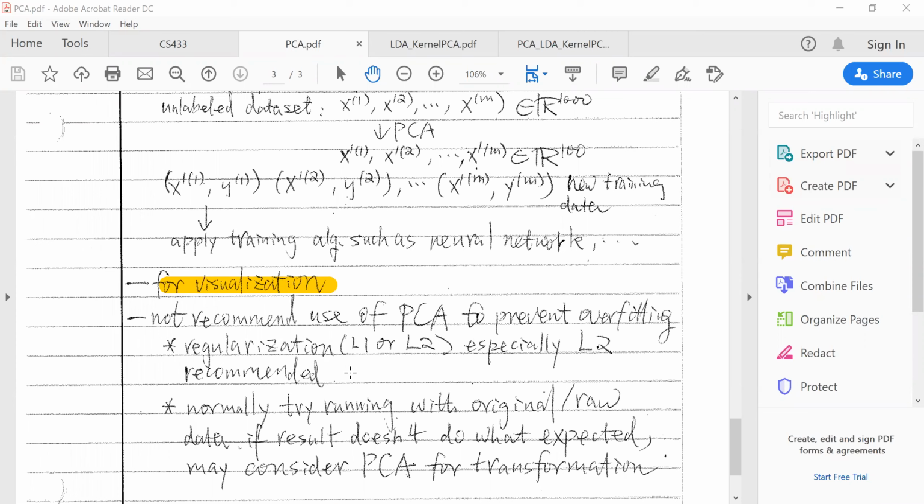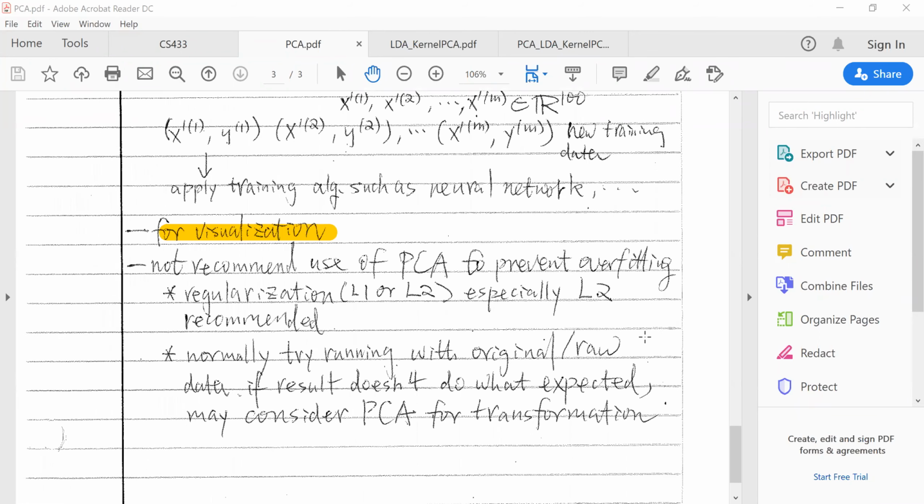Previously we discussed using L2 regularization to penalize the weight scale and prevent overfitting. So just keep that in mind.